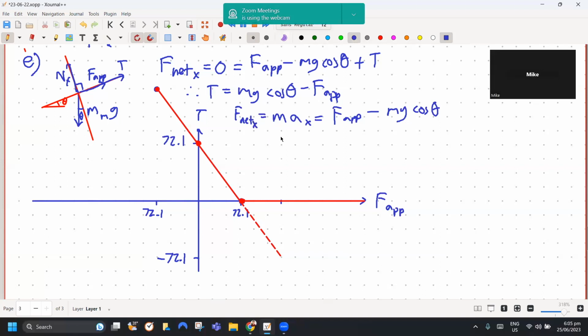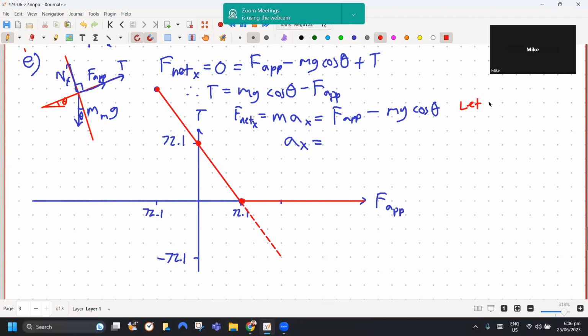Okay, so example, let F applied be equal to 80 newtons. Para lang makita mo yung acceleration. So F applied becomes 80 minus 72.1 newtons divided by 8.5 kilos.